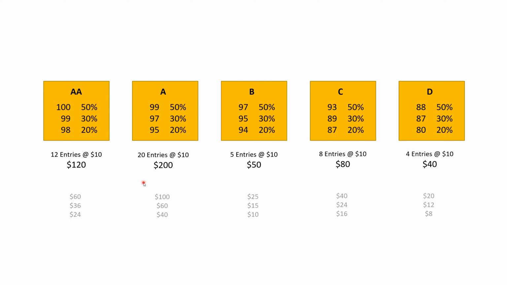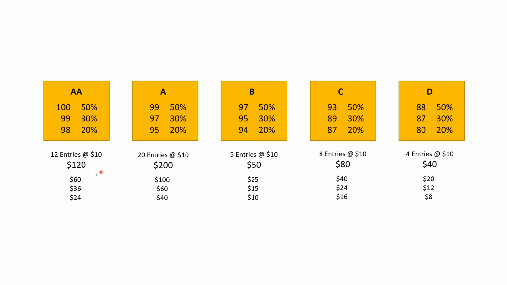So that means that the top score would get paid $60, the second score $36, and the third $24 in AA class. Whereas in B class, the top score would get paid $25, the second highest score would get paid $15, and the lowest score would get paid $10.